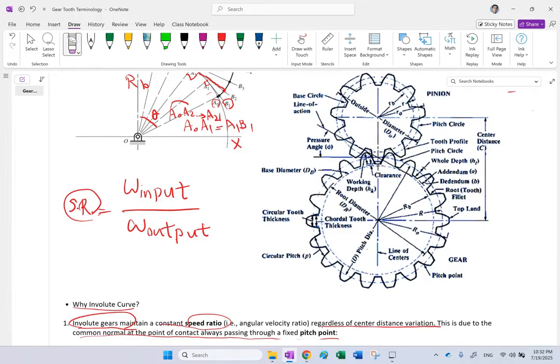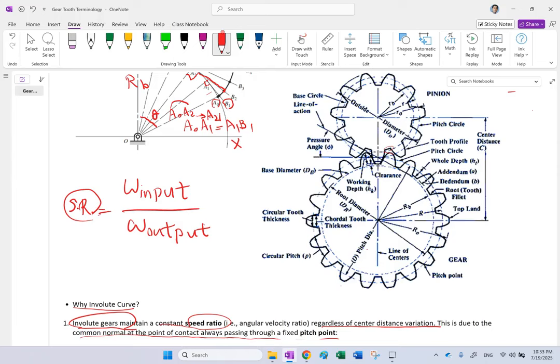So here they are shown. You can see that when these 2 gears are meshed, the addendum circle of this one is now somewhere close to the dedendum of the other one, but it will never touch that. Only when these 2 gears are touching each other and moving with each other, this distance between the addendum of one and the dedendum of the other keeps changing.